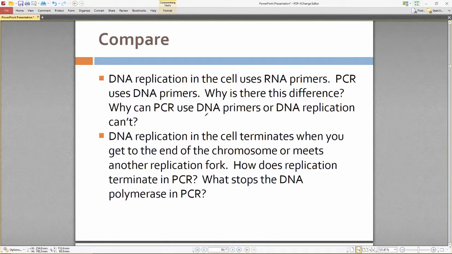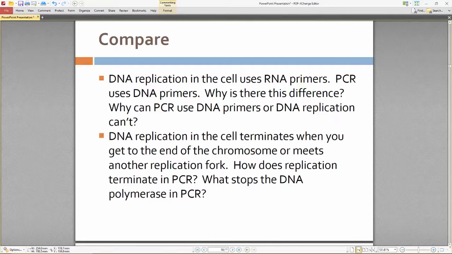Why can PCR use DNA primers? PCR can use DNA primers because, A, it uses temperature to anneal them and not a DNA polymerase. And B, DNA replication can't use DNA primers because of the properties of DNA polymerase.